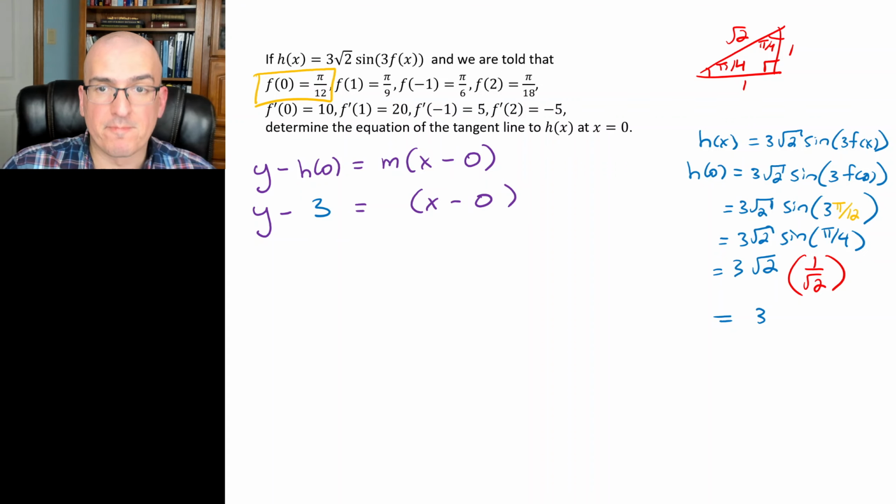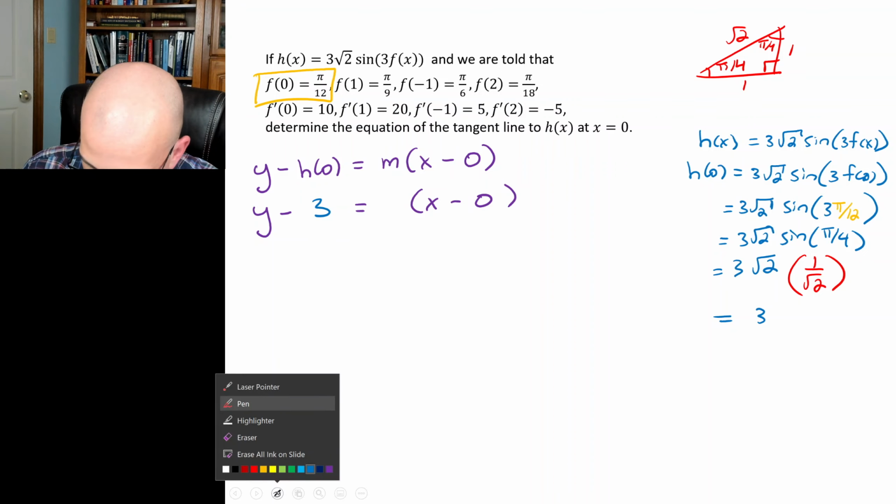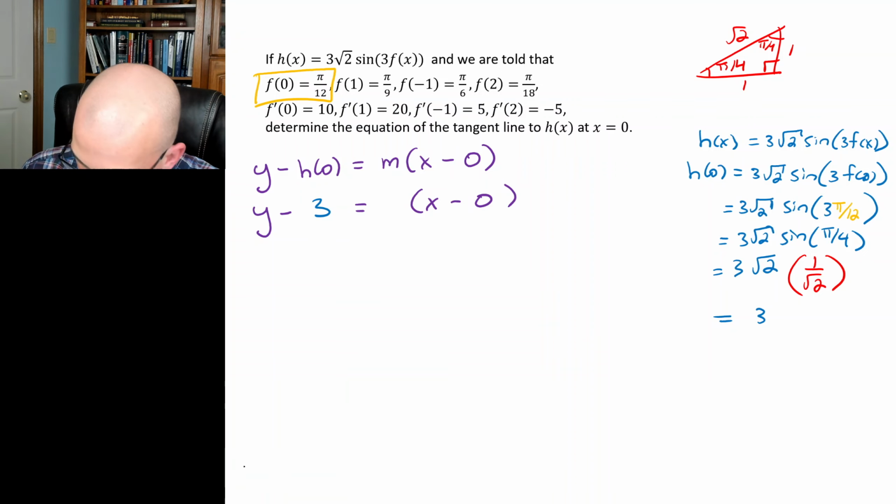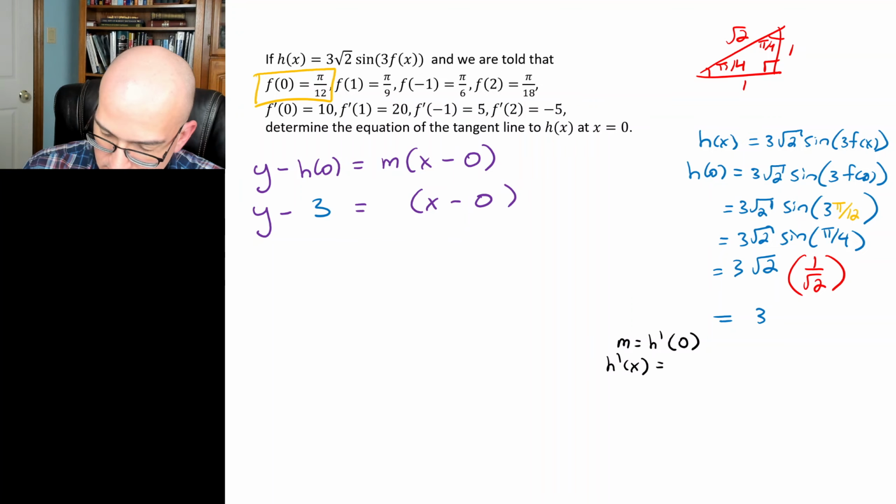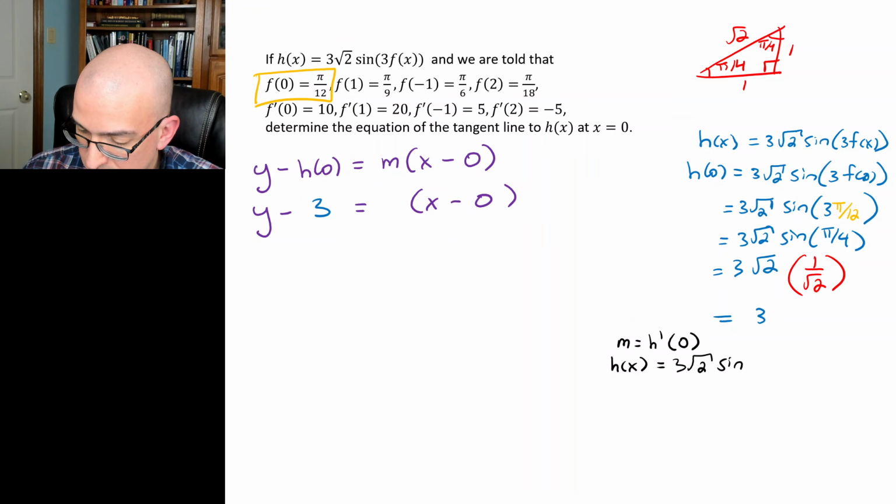Now we need to find m. h prime of 0. h prime of x. So I'll rewrite h of x here so it's easier to reference. h of x is 3 root 2 times the sine of 3f of x, which is 3 root 2 times the sine of w.